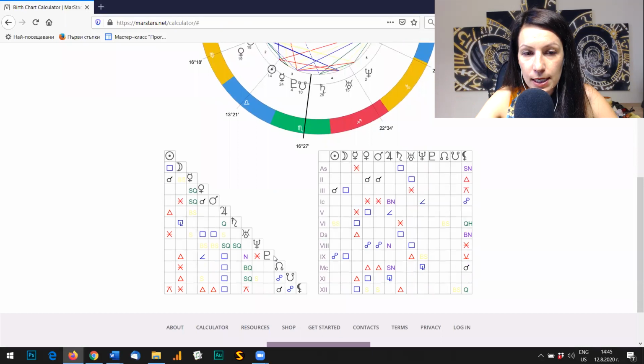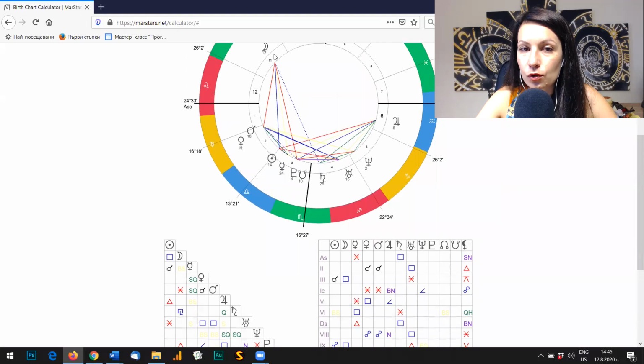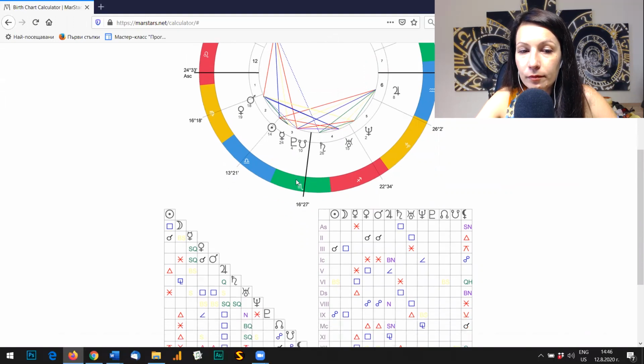We can go to the table as well. And we see that Pluto has a couple of aspects actually, trine with the Moon, which is a very nice aspect. And it only confirms that there is a very strong connection with the mother. Pluto with the Moon can bring this type of deep emotional, energetical connection with her.